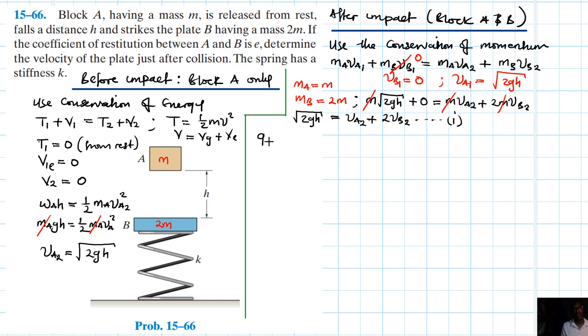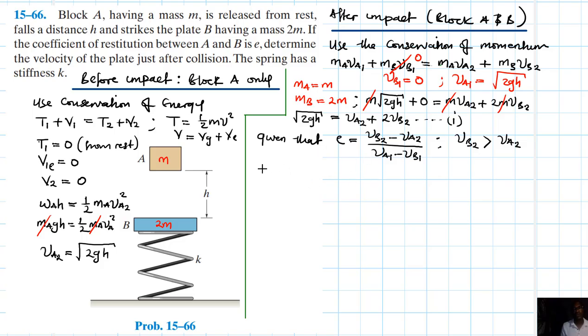Then we've been given that e is equal to v_B2 minus v_A2 divided by v_A1 minus v_B1, considering that v_B2 here is greater than v_A2.